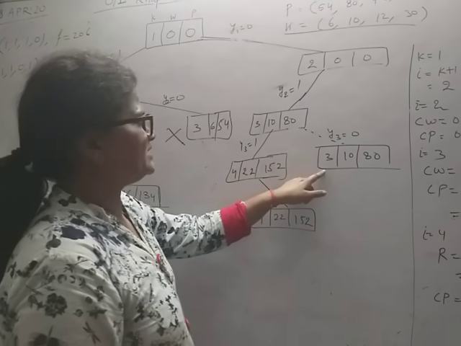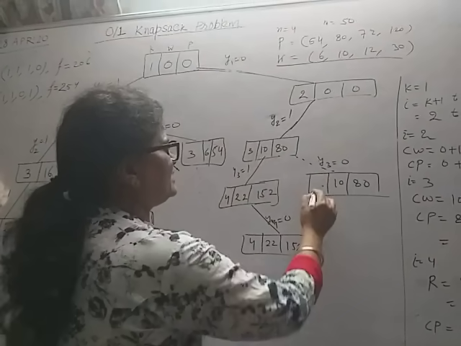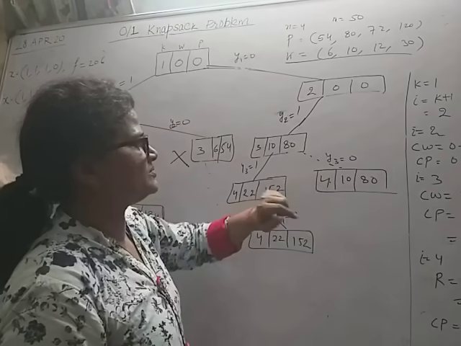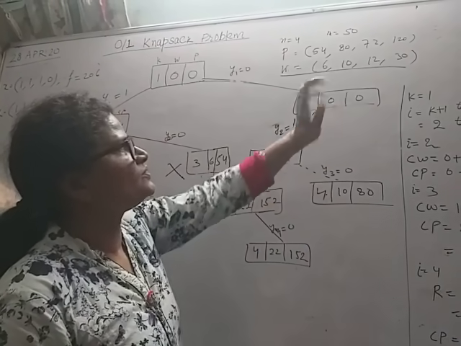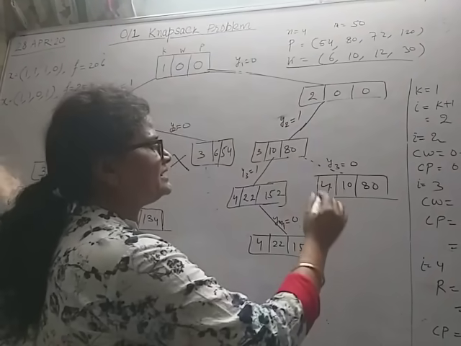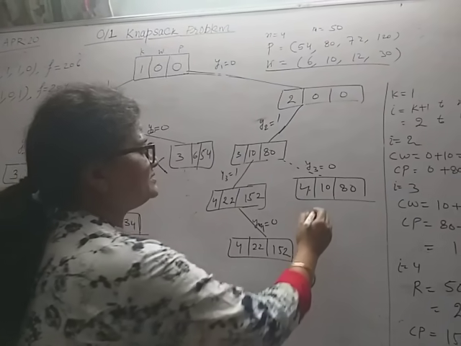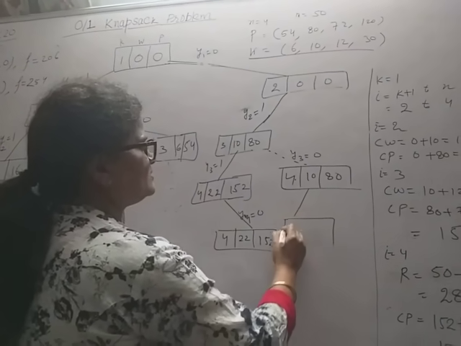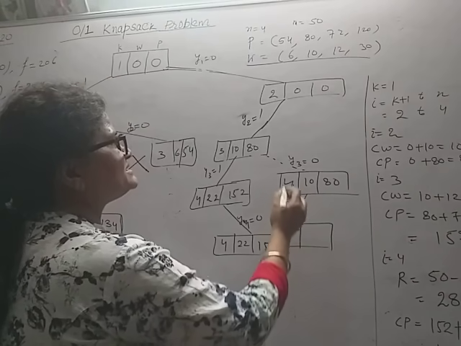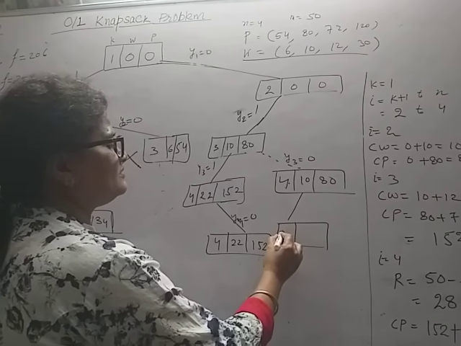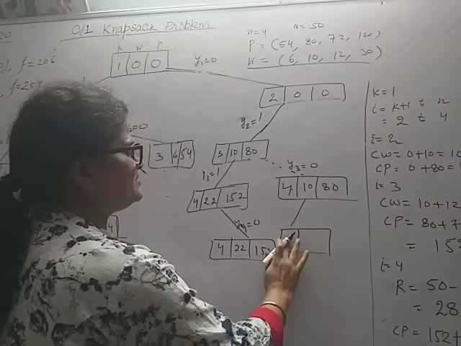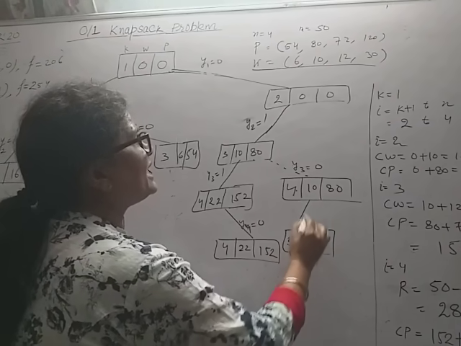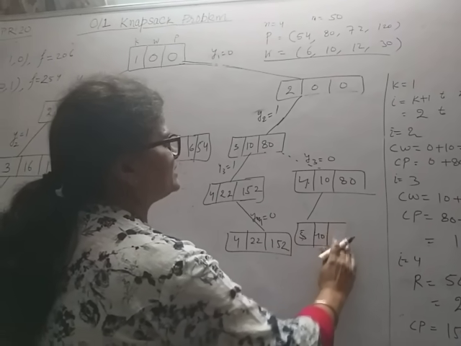And now the third weight is excluded, and then we take the decision for the fourth object. This is 10, so the fourth object can be added fully, that is 30. So the fourth object is added, and 40 and 200.